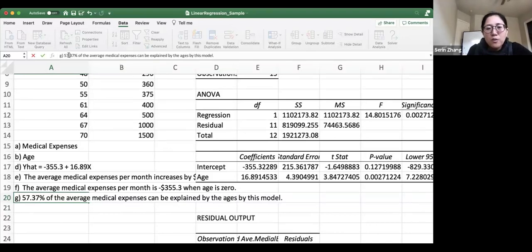That's why we call the X value the explanatory variable. The Y values can be explained by the X values, and the percentage is 57.37%. That's the R square.